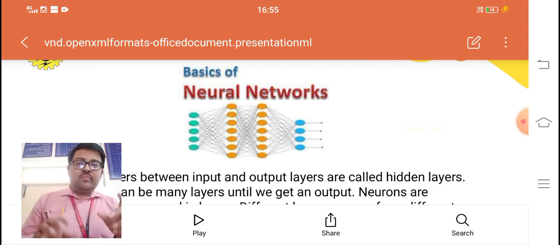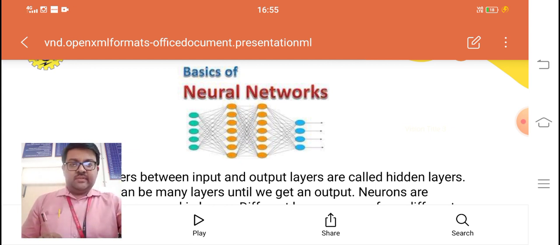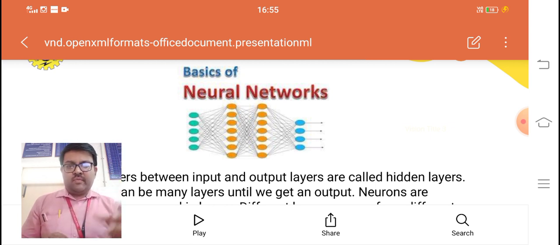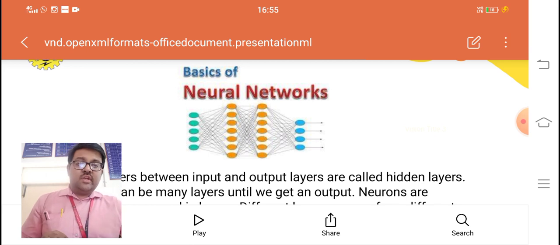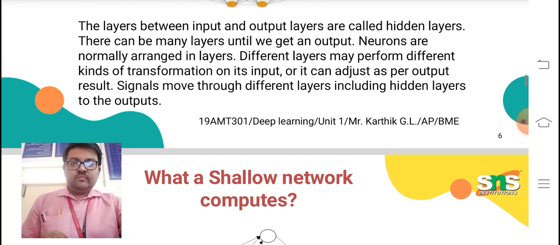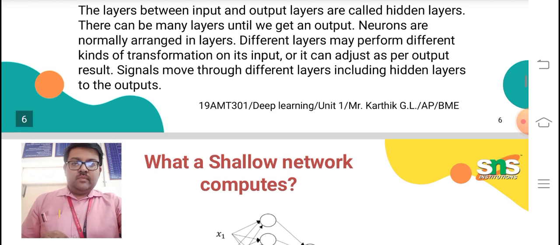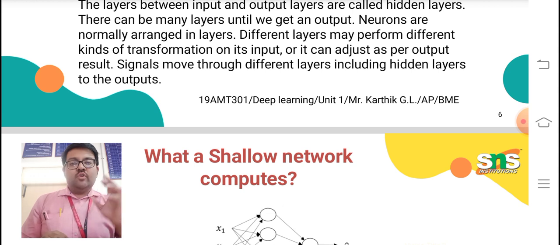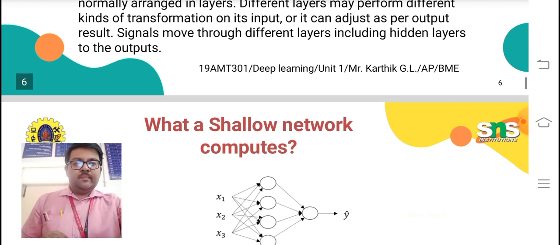So in between input and output there are some hidden layers, the orange ones, which are called hidden layers. They have a group of neurons connected together, and the signals through the hidden layers will produce the output signals. So the signals move through the different layers, including the hidden layers, and go to the output layer.